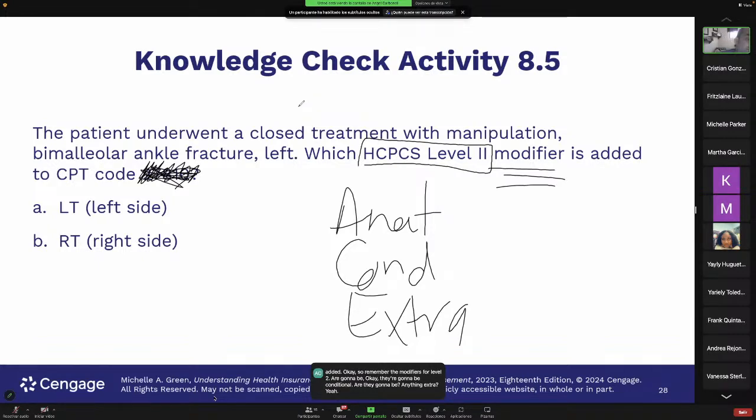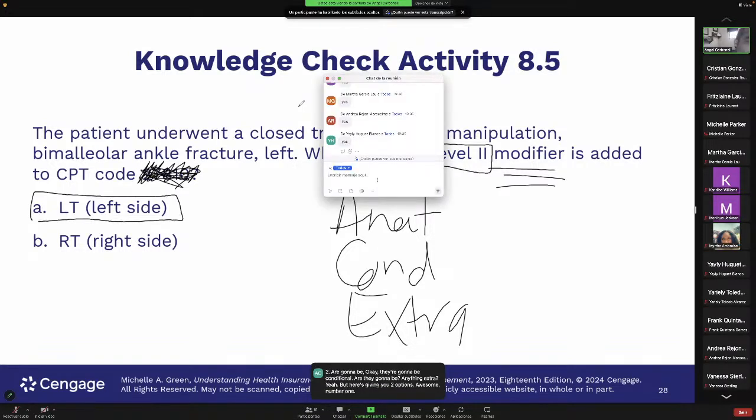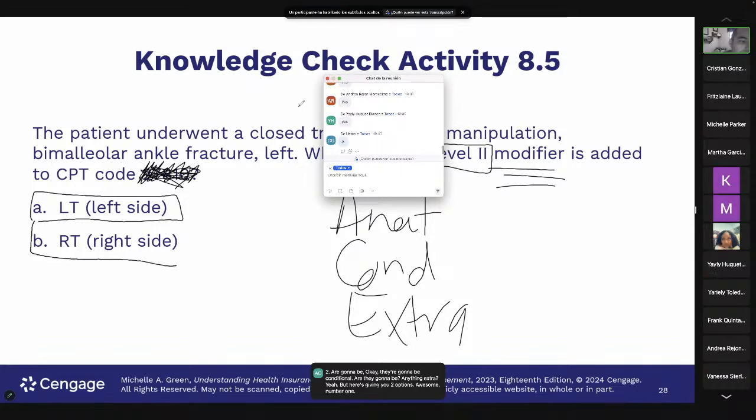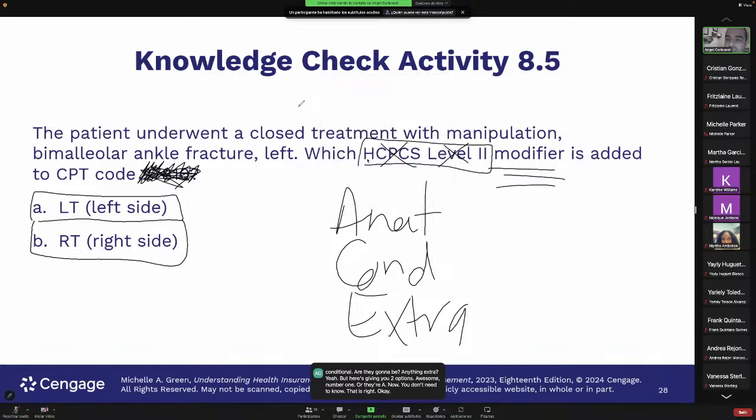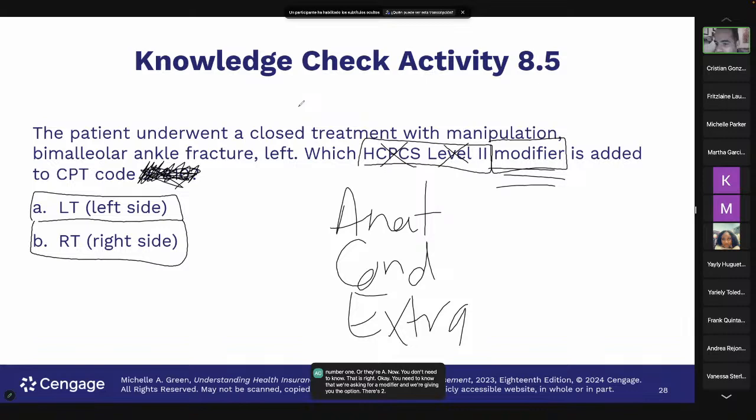But here it's giving you two options, letter A and B. You don't need to know that these are HCPCS level 2. You need to know that we're asking for a modifier, and we're giving you the option. There are two modifiers there, and I imagine you already know what the modifier is.